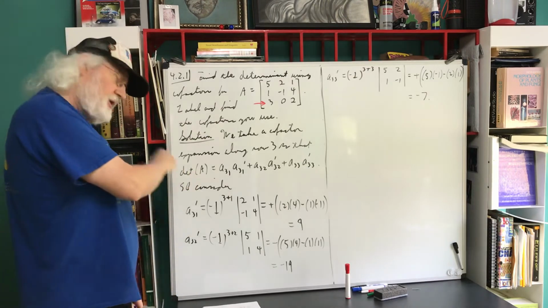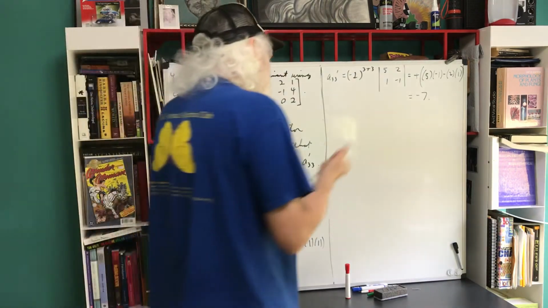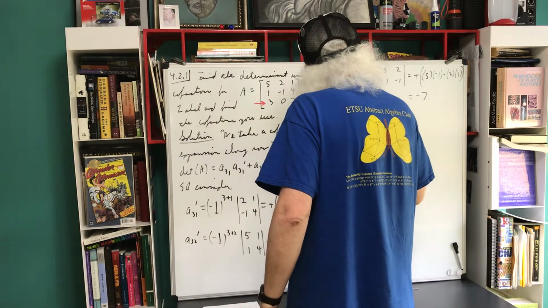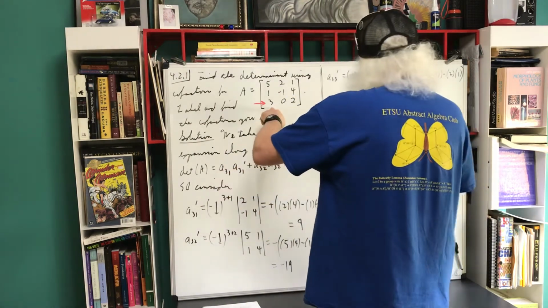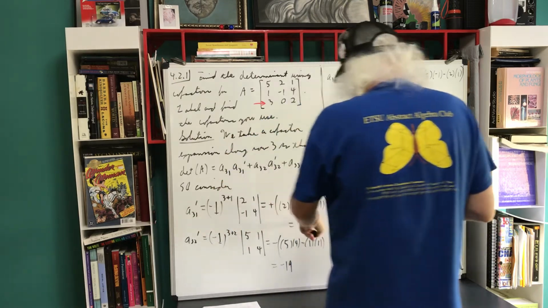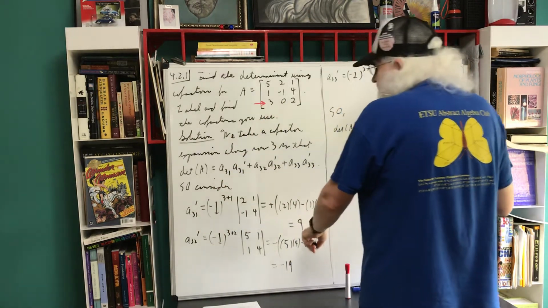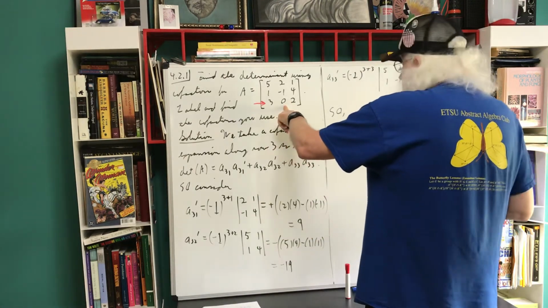Returning to the original question, determinant of A, we just need to do the arithmetic. So, determinant of A is A31, which is 3, times A31 prime. A31 prime is 9, plus 0, A32.